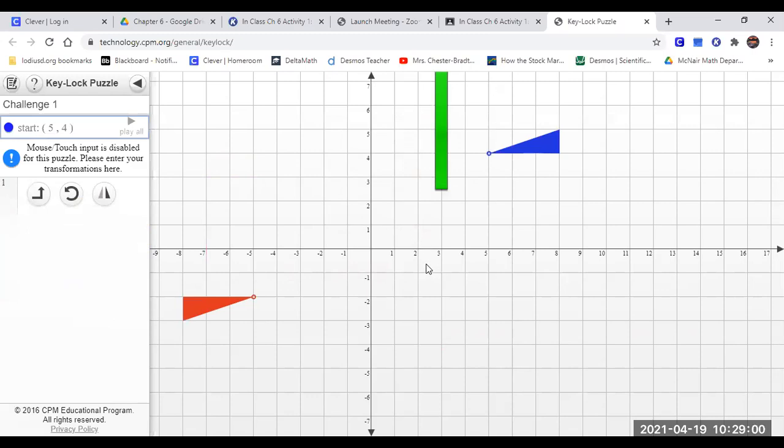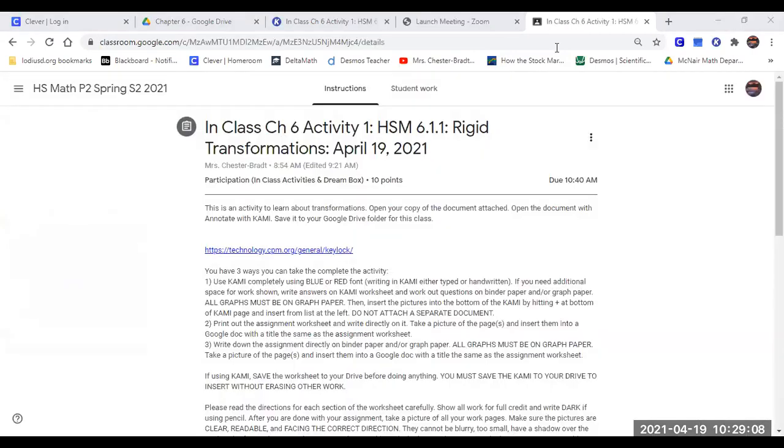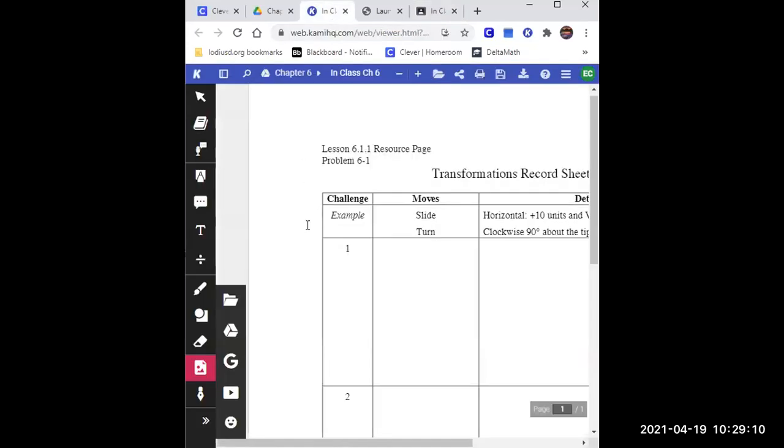Okay, so you are now on challenge 1. And we are working on both the key lock and the Kami worksheet, both of them now open. So let me do this. I'm going to reshare. Give me a second.